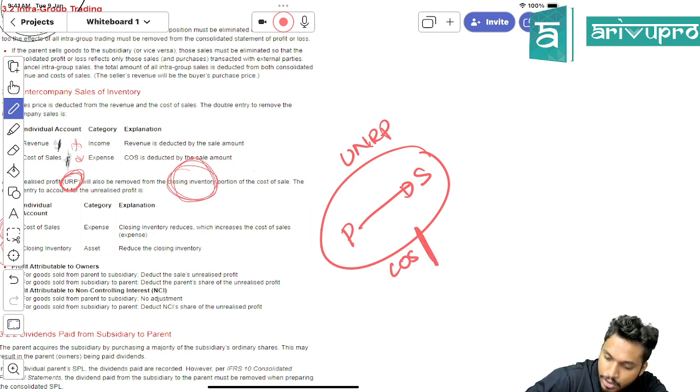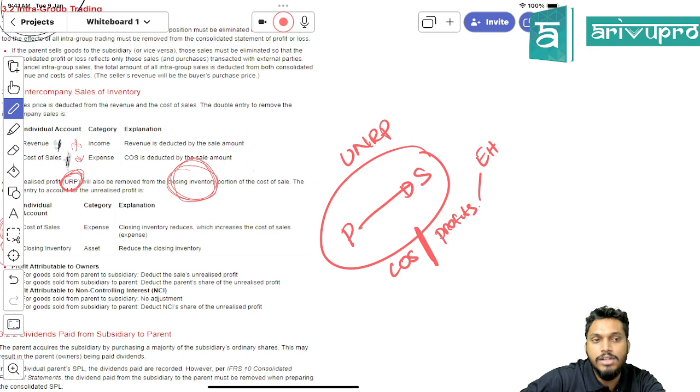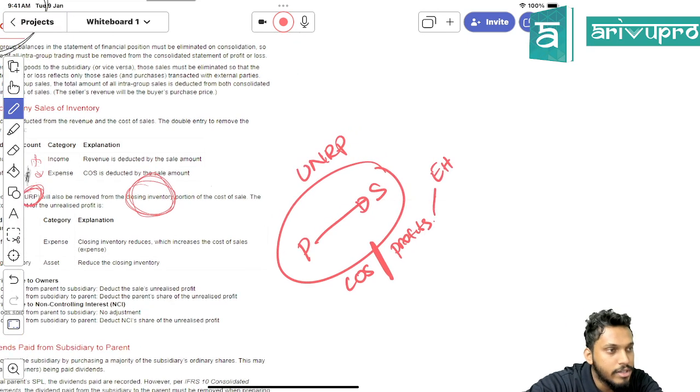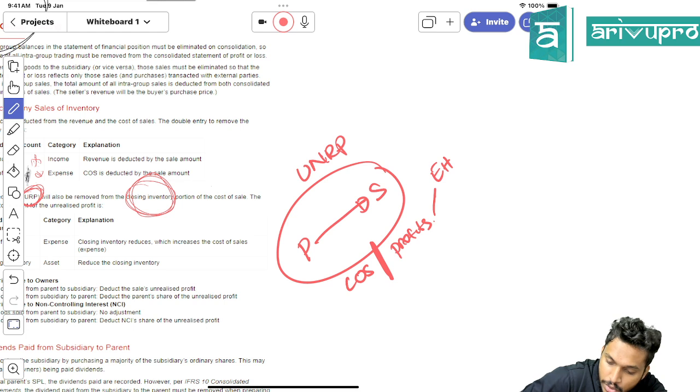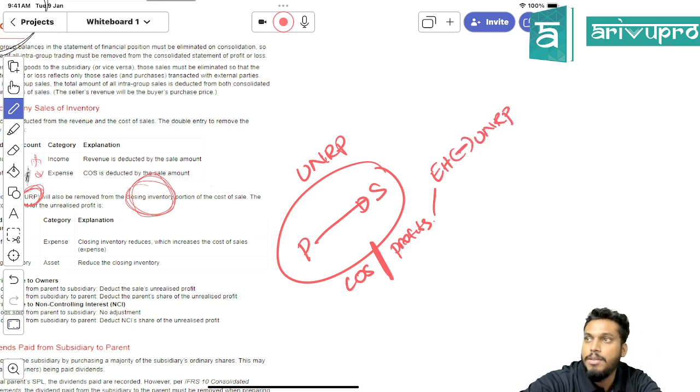Apart from that, when you are distributing profits to the equity holders, you know equity holders, right? You know who are equity holders? Equity owners is what? Parent. So in the parent's profits, you need to deduct the unrealized profits.